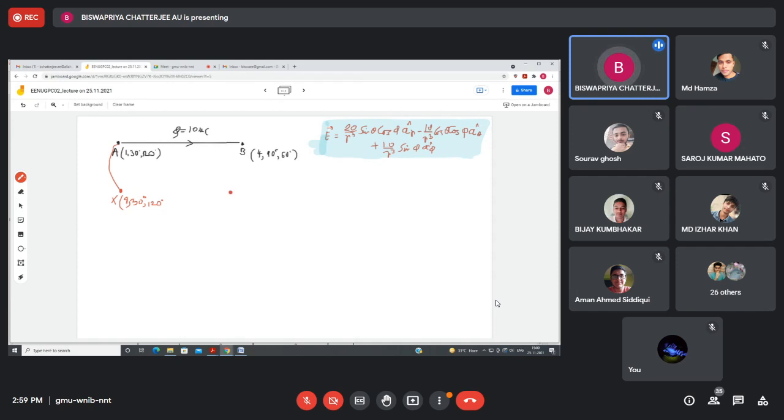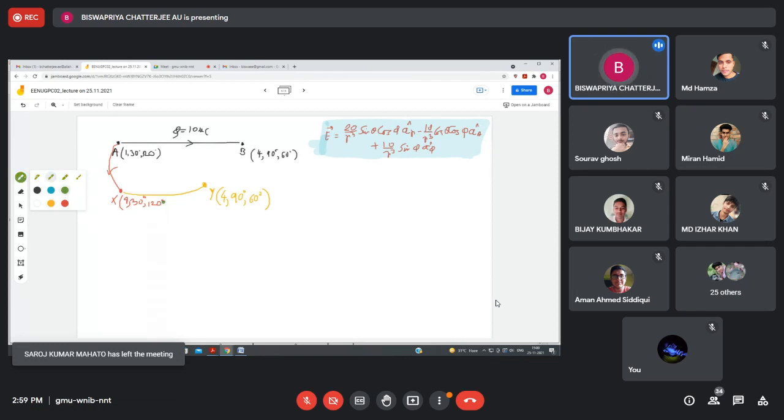So thereafter we shall take this charge again to another new point. Let us say that point is Y. The location of that Y would be 4, 90 degree, 60 degree. Okay, and after that finally we are taking that to our final point, the location of which is 490 degree, 60 degree.